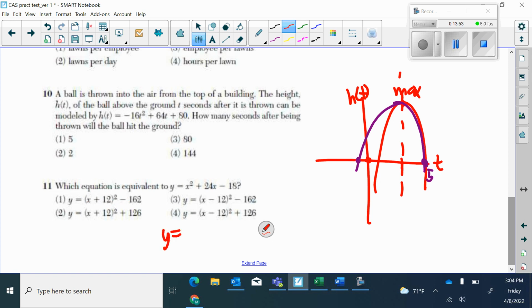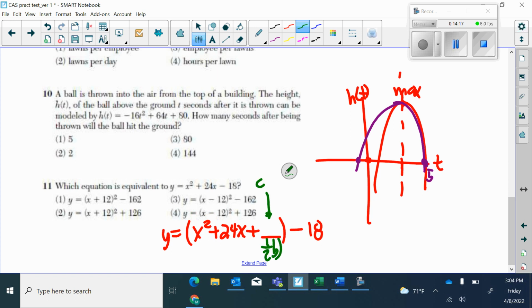I'd have x squared plus 24x plus blank, and then I have this minus 18. Now, remember, complete the square. This is that c. We just went over this in the last class. That's a c. So how do I get that? It's always one half of b, squared.